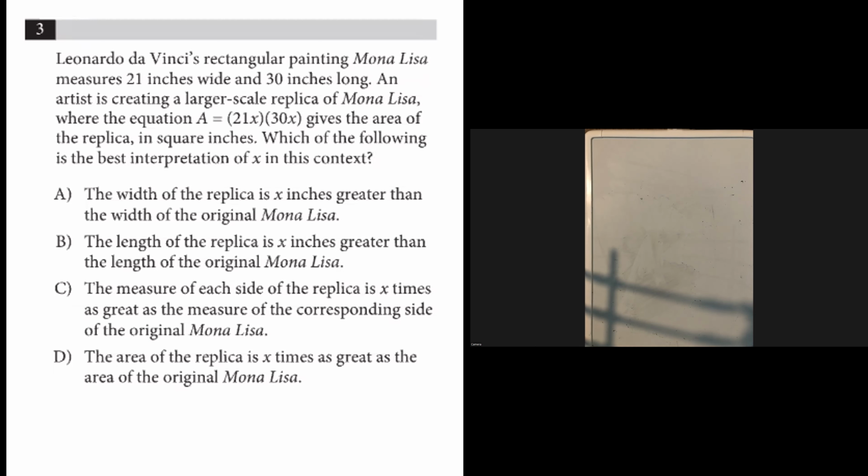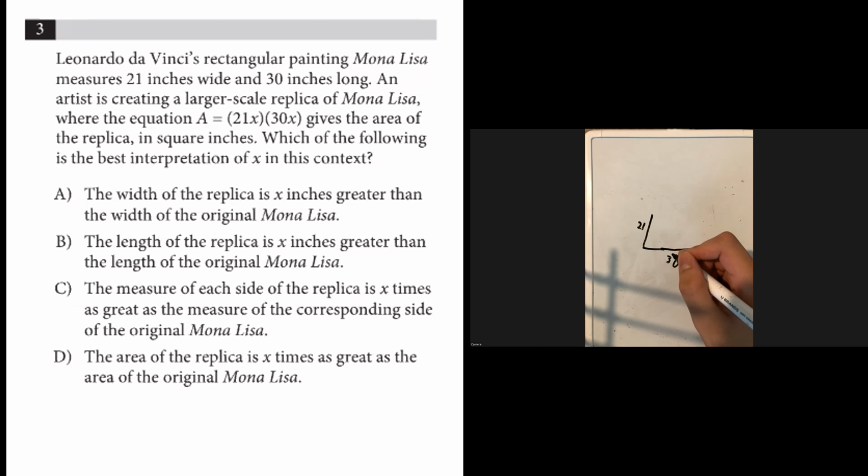All right, so for this one, we're given 2 dimensions. We're given the painting is 21 inches wide and 30 inches long. So let's say there's 21 and this is 30. And it says an artist is creating a larger scale replica where A is 21x and B is 30x. And it's asking what is x?